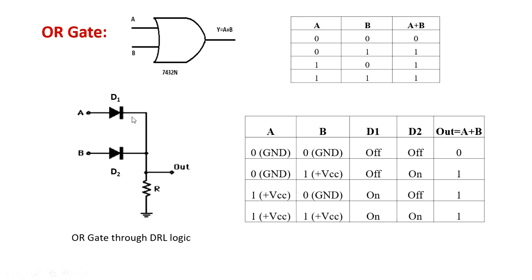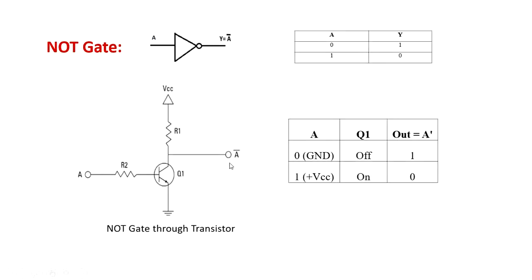If both are 1, then also the output will be 1. The output will be 0 only when both of these are not conducting, then out will be equal to ground. This loop will be active, so out will be equal to 0. Otherwise, the out will be 1 according to the input applied.